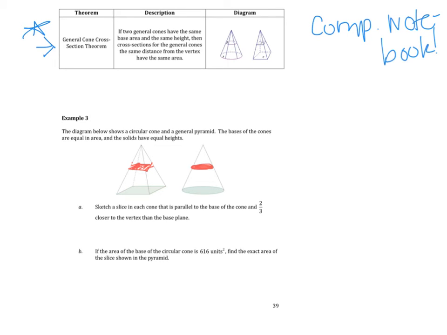Part B. If the area of the base of the circular cone is 616 square units, find the exact area of the slice shown in the pyramid. So as a result of the areas of the planar regions being related by the square of a scale factor, we know that the area of the base of the circular cone is 616 square units, and we know that they have the same height.